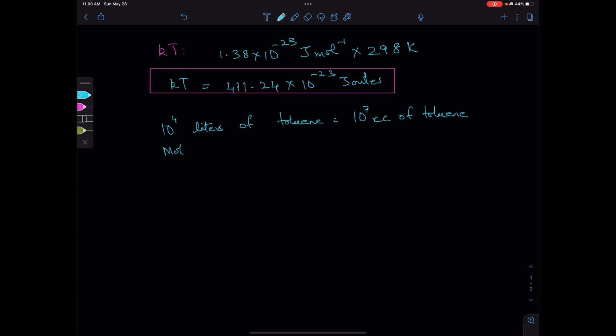Molar mass of toluene is 7 carbons, so 7 times 12 is 84. 8 hydrogens, so 8 times 1 is 8, so it's 92 grams per mole.